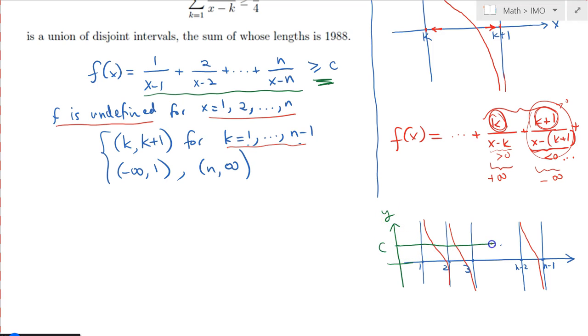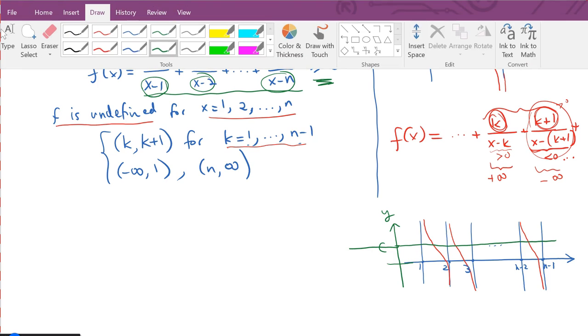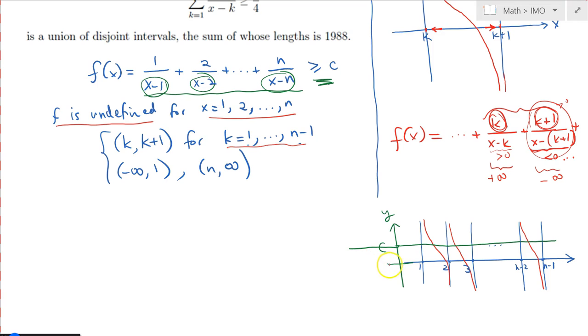So if you determine the level c, oh, by the way, I forgot to mention what happens before 1, right? So when x is less than 1, all the denominators of our function will be negative, and as a result our function will be totally negative. So it is still decreasing, obviously, but it will probably do something like this.